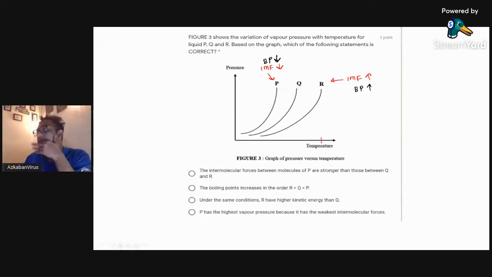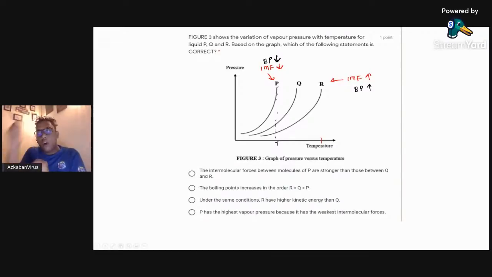So, tengok statement dia. Dia minta yang mana correct. The IMF between P and Q, P are stronger compared to Q and R. Salah, IMF dia paling rendah sebab tu vapor pressure dia tinggi pada suhu yang rendah. Okay, apa graf ni cakap adalah, pada suhu yang rendah, you dapati banyak dah liquid tu dah banyak dalam keadaan gas.